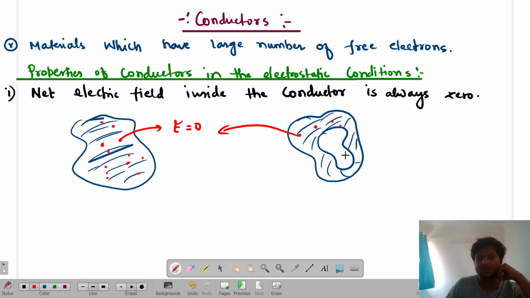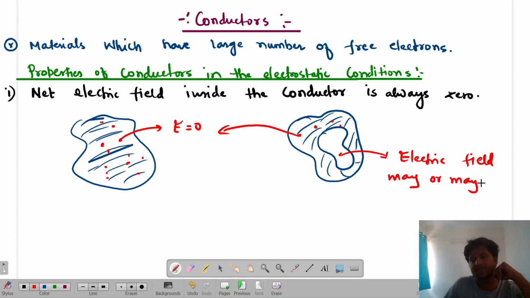Equal to zero. But inside this cavity, electric field may or may not be zero. It means it depends whether you are putting a charge in the cavity or not. Is that clear? It depends.